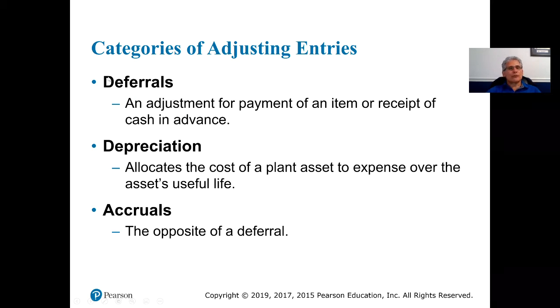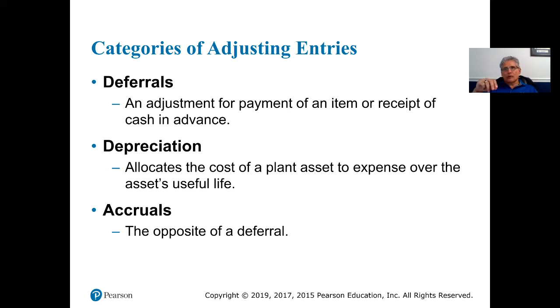The first one is referred to as deferrals. What this means is that we have to make an adjustment for a payment of an item or receipt of cash in advance. So let's assume that we make a payment for rent for an entire year. Let's say we pay $1,000 a month for rent, but we're paying a full year's worth of rent.